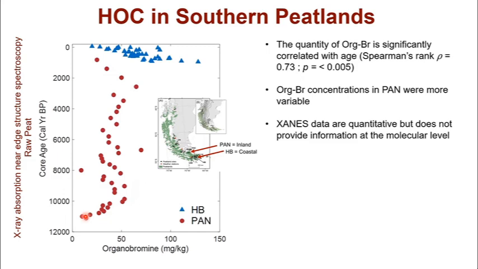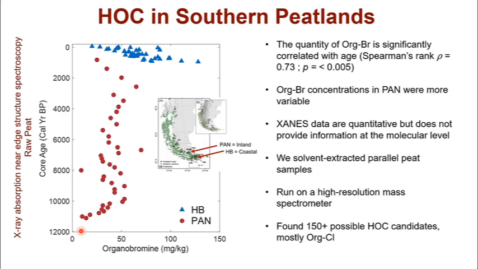Possibly that is debromination happening when the peat core goes anoxic, or, thinking about 10,000 years ago, we may have had different sea level conditions. So at this point, I cannot safely say what's going on with this decline. But at least we know that on a 1,000-year scale, we are seeing organohalogen.